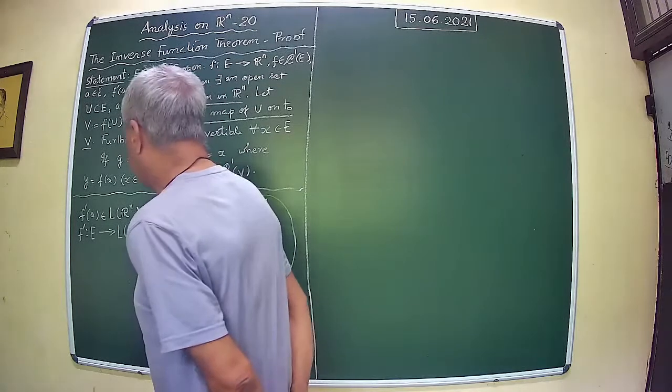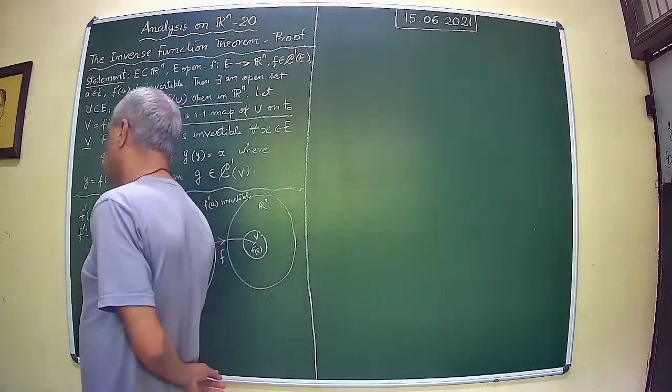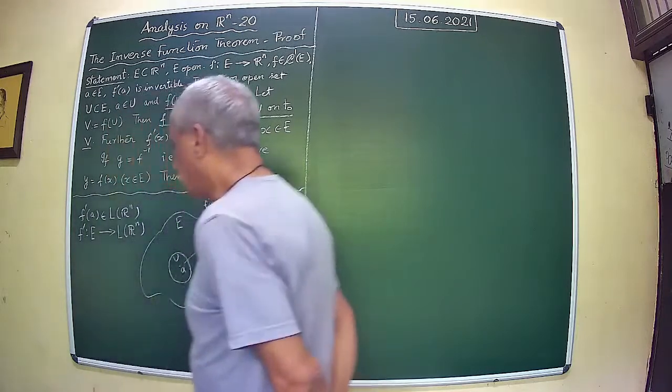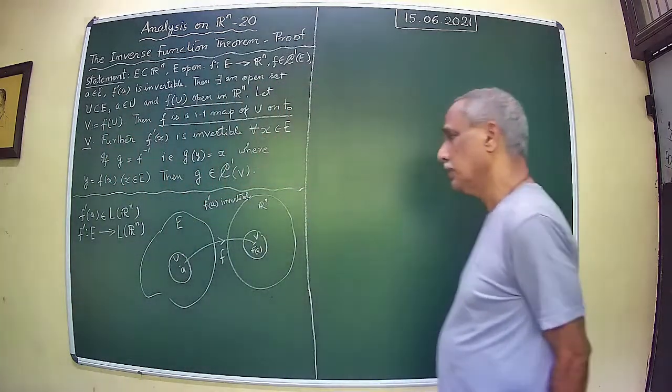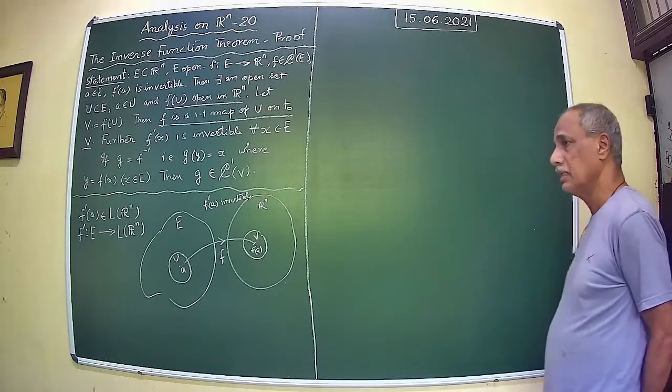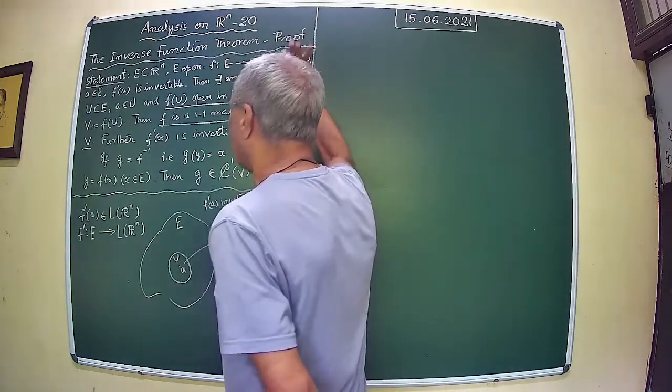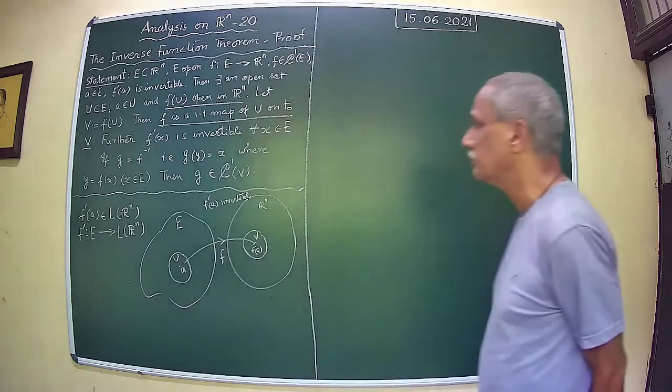And with respect to the induced topologies, we are assuming that F prime is a continuous function. That means F is a C1 function on E. That is the assumption that we have made.